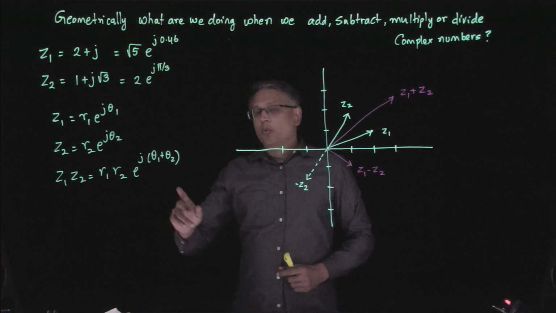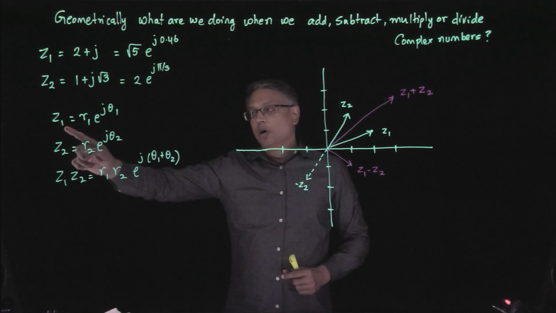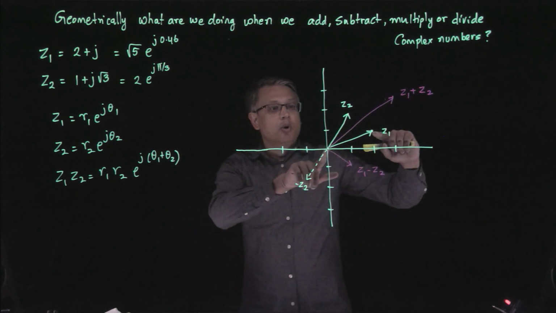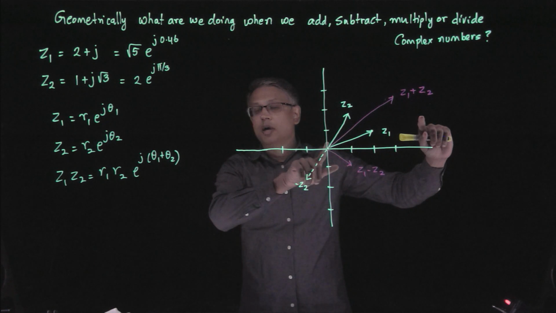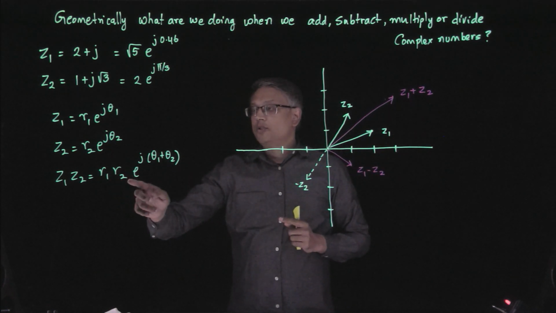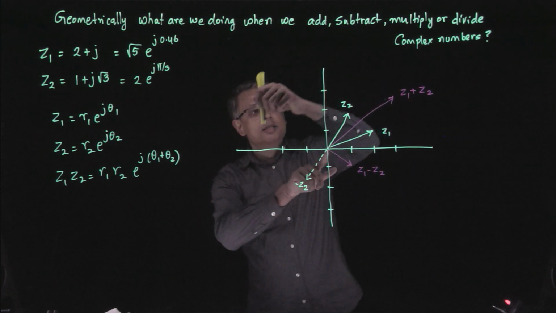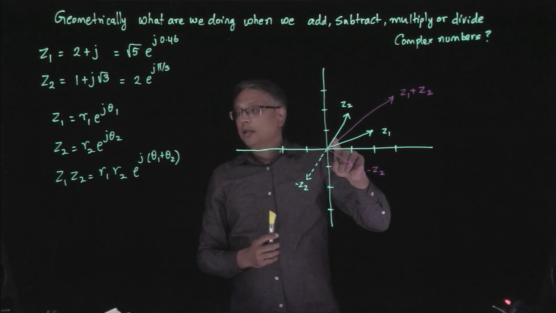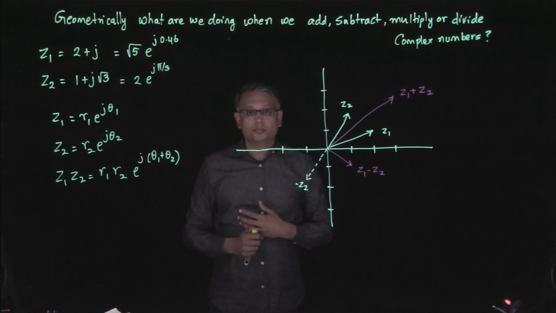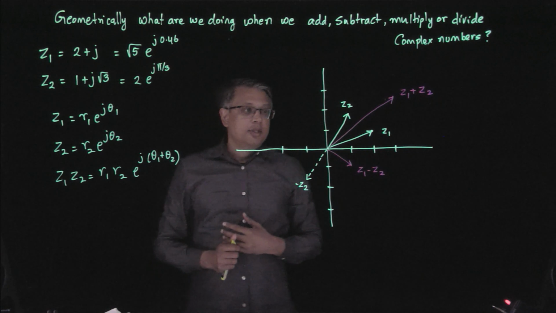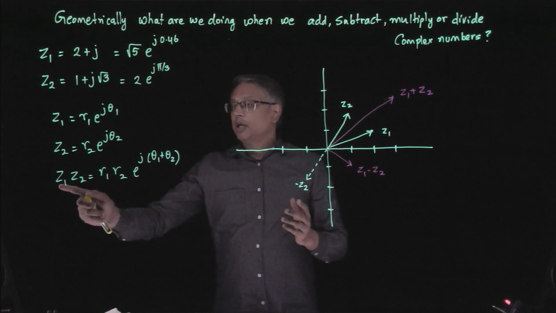One way to think about that is that what z2 is doing to z1 is scaling z1 by the magnitude of z2, and then rotating z1 by the angle of z2, right?